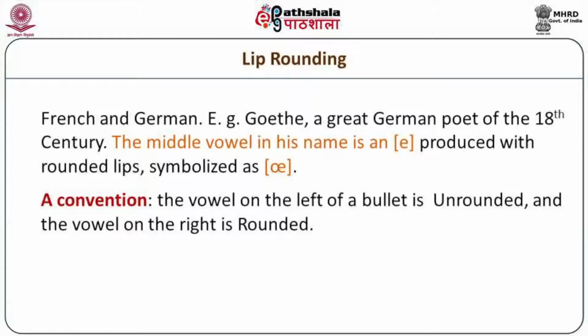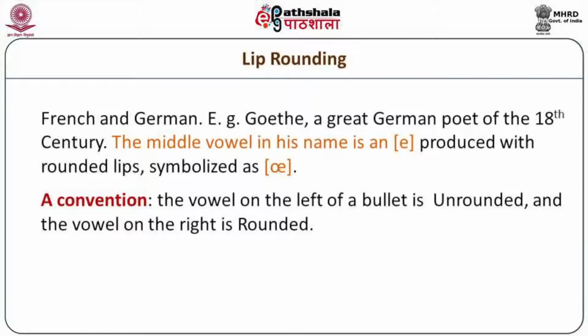You will be familiar with the name of a well-known dramatist, Goethe. In pronouncing his name, the first vowel, namely Ö, is a front vowel but said with lip rounding. So you say A, but with lips rounded, you produce an Ö.